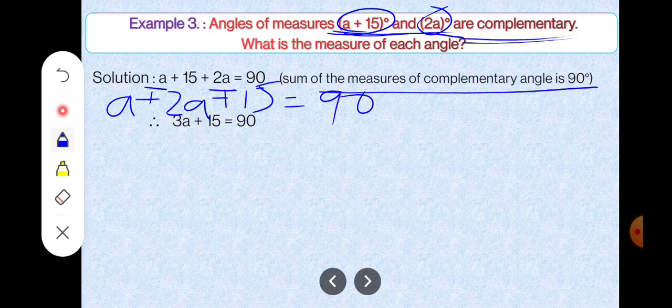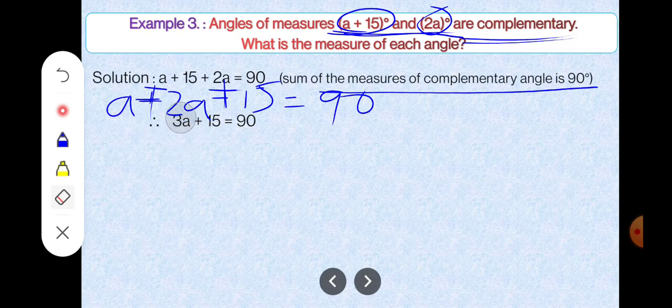Now, in the next step, a plus 2a is 3a. Do not write 2a square, because it's not multiplication, it's addition. So a plus 2a means 3a plus 15 is equal to 90.